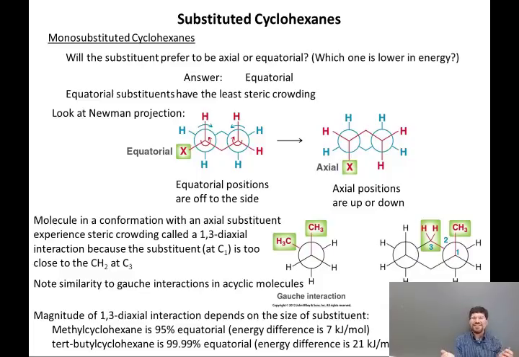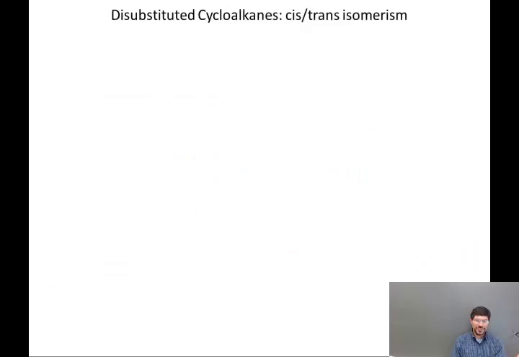If you have a 95-5 mixture, usually using sophisticated techniques, you can detect a minor component of a mixture if it's 5%, but not if it's only 0.01% of the mixture. So that's our conclusion: with monosubstituted cyclohexanes, substituents would rather be in the equatorial position.